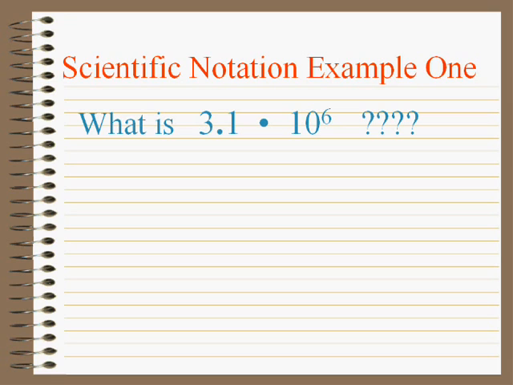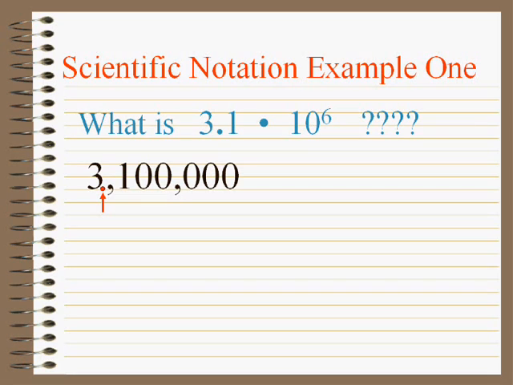Okay, well, 3.1 times 10 to the 6th is in scientific notation because 3.1 is between 1 and 10, and 6 is an integer. 3.1 times 10 to the 6th, the way you're used to seeing it, would be 3,100,000.